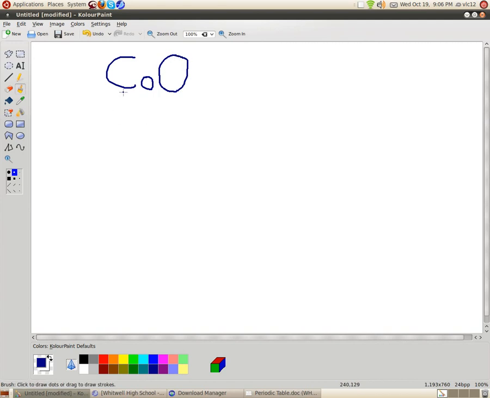Well, first of all, let's just name what we know. I know that Co is cobalt. Cobalt, C-O-B-A-L-T. That's cobalt. And I know that this big O is oxygen, which is oxide.